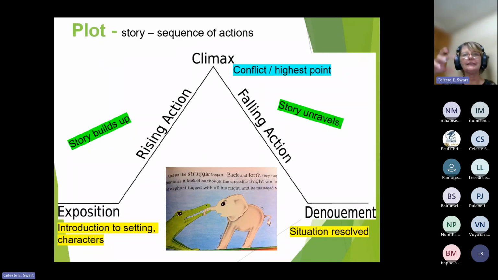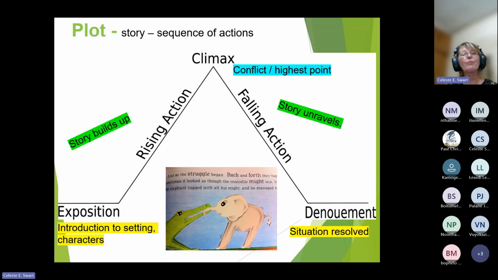And the climax of it is, the crocodile's got him on the snout and he's dragging and he's pulling. He wants to pull this little elephant in, and the elephant doesn't allow that. And then the story unravels where the elephant gets loose from the crocodile and he has this long snout, and the situation is resolved because the elephant then gets away and can live happily where he is.